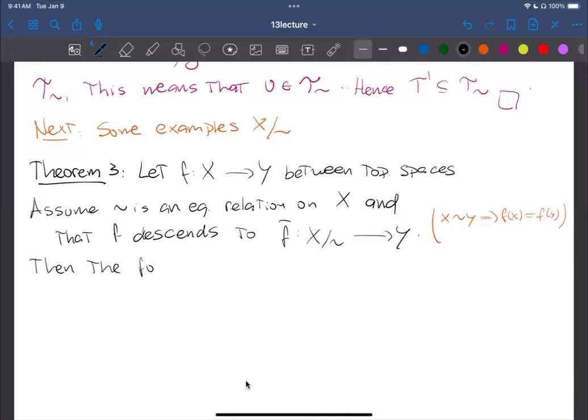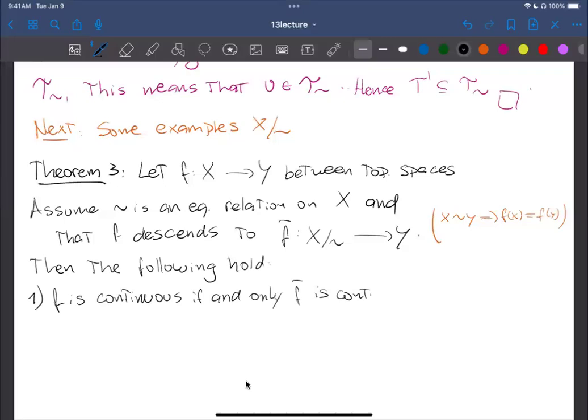Okay, then in this scenario, the following will hold. Notice I'm not assuming my f is continuous. The first statement is f is continuous if and only if f bar is continuous. And of course, on the quotient set, I'm considering the quotient topology.